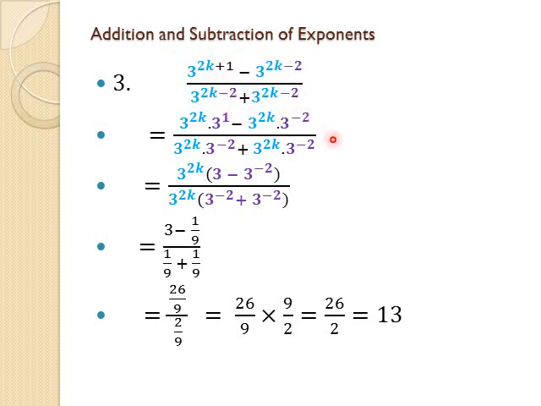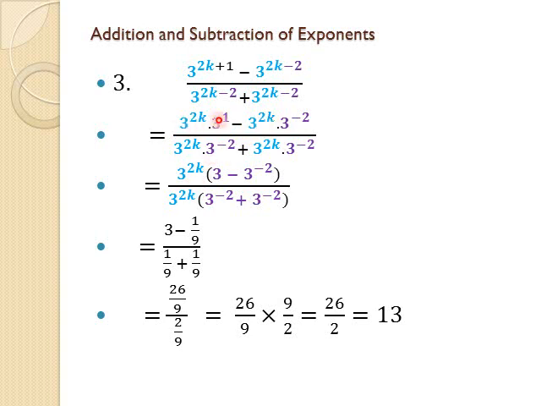So therefore split. So instead of 2k plus 1 comes 3 to the power 2k times 3 to the power 1. There 3 to the power 2k times 3 to the power negative 2. Same thing at the bottom, 3 to the 2k times 3 to the negative 1 and 3 to the 2k times 3 to the negative 2. So there you should see in blue what's the common factor, 2k and 2k.